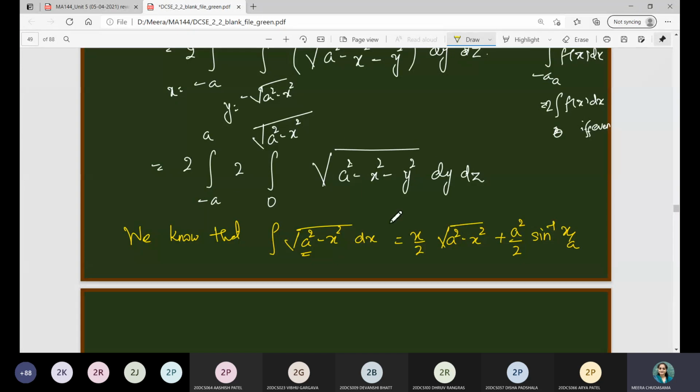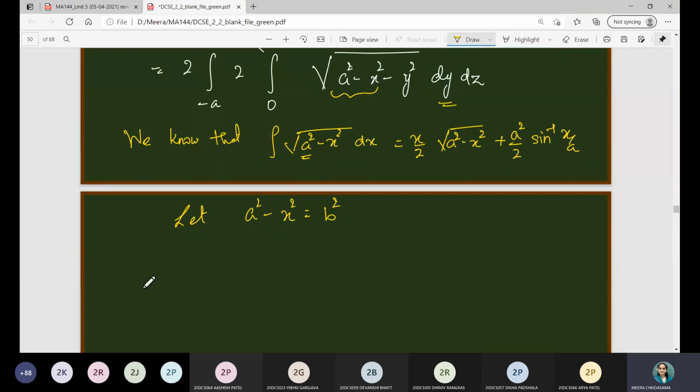Since we want to evaluate this integral with respect to y, we can treat this as the constant quantity. So let me choose a square minus x square as b square.